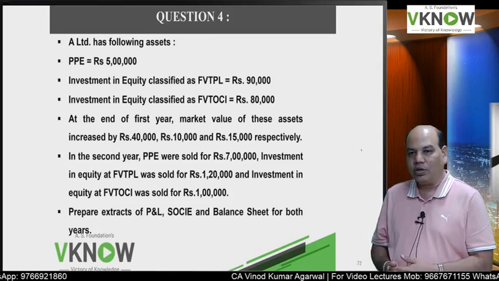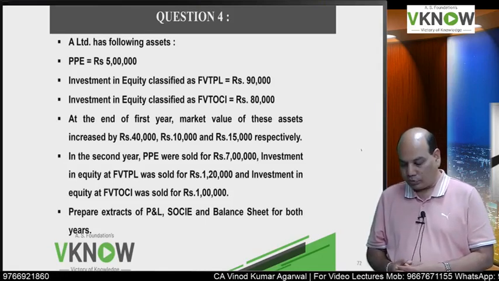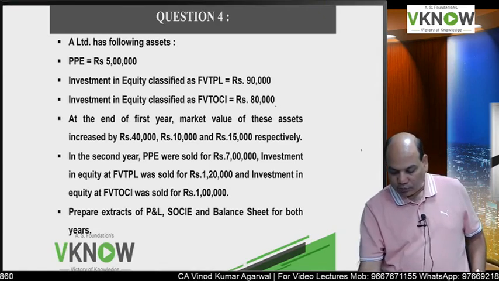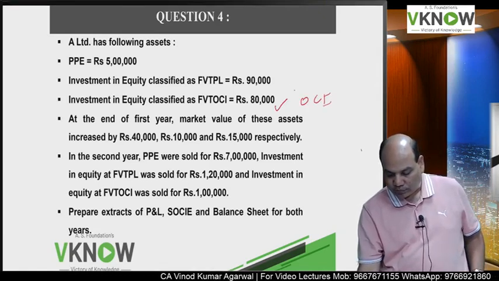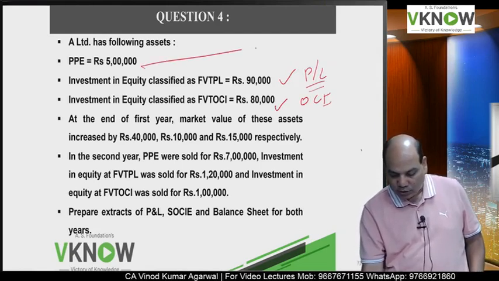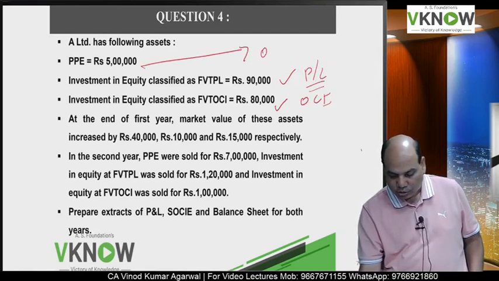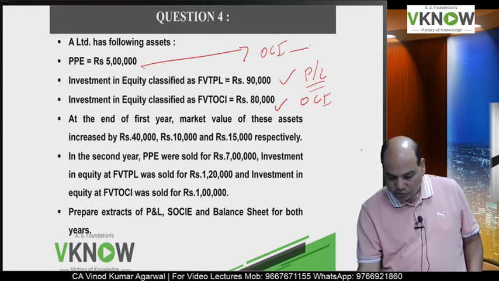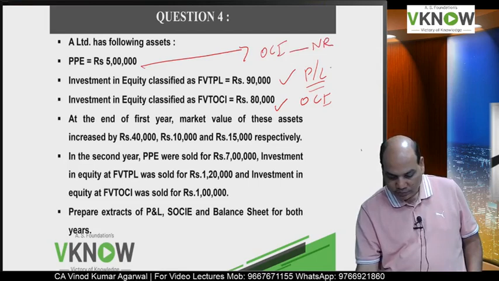That is why they are called FVTOCI. So any change in the fair value of this item will go to OCI. Any change in fair value of this item will go to P&L account. Any revaluation reserve of PPE will go to OCI. Understood? Now this is non-recyclable.